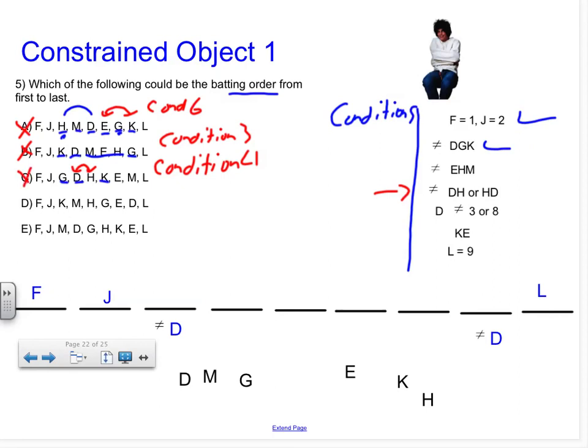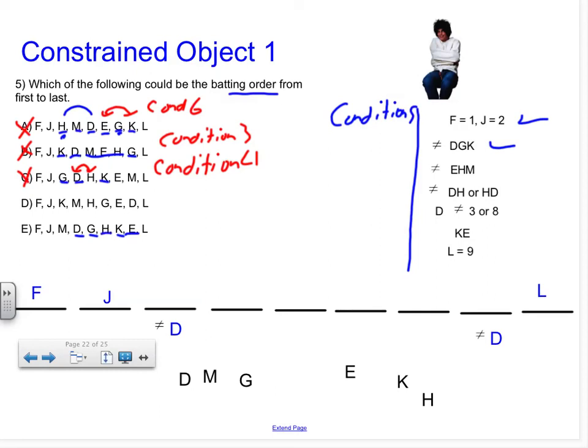Let's take a look at D. Clear off the conditions again. So F is in first position, J is in second position. D, G, and K are separated.